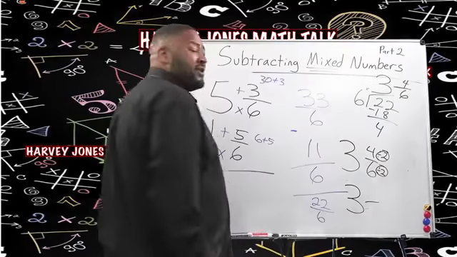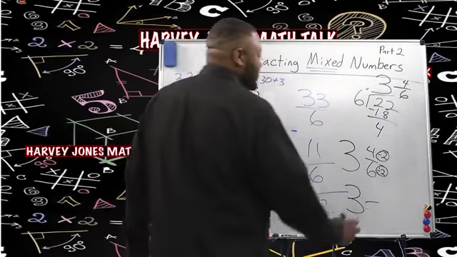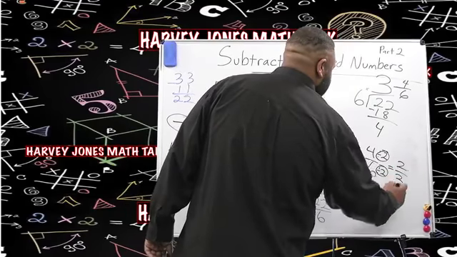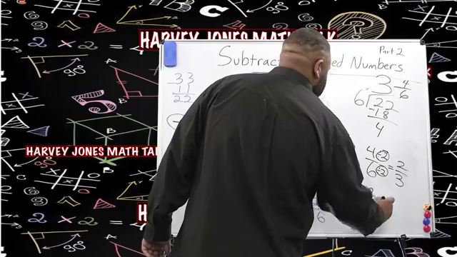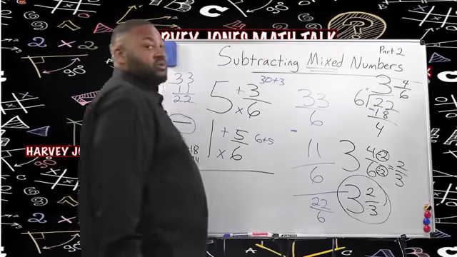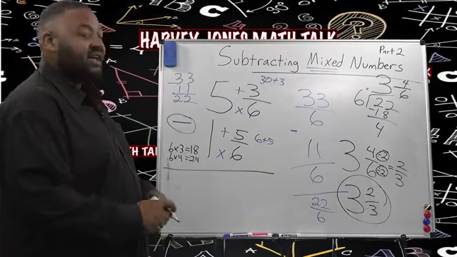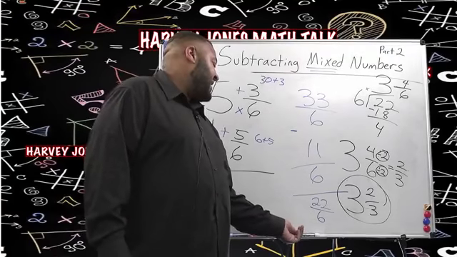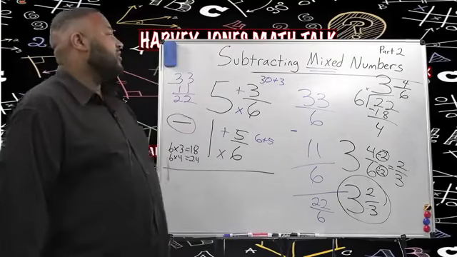Bring your 3 down. 4 divided by 2 is 2. And 6 divided by 2 is 3. So our final answer is 3 and 2/3.